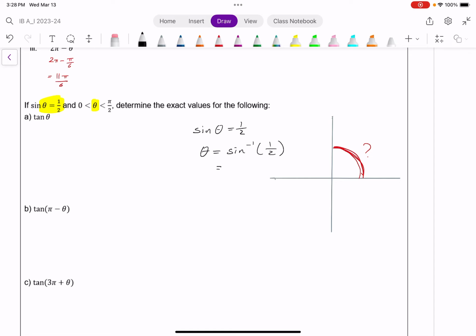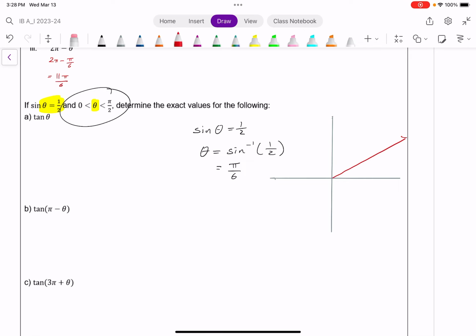But I want to think in radians, because my restriction here was given in radians, so I'll say pi over 6. All right, so now I actually have a bit more to go on. I know my angle, the theta is pi over 6, and let me kind of draw, it's basically the same thing we had before. 30 degrees, something like that. All right, so theta equals pi over 6.